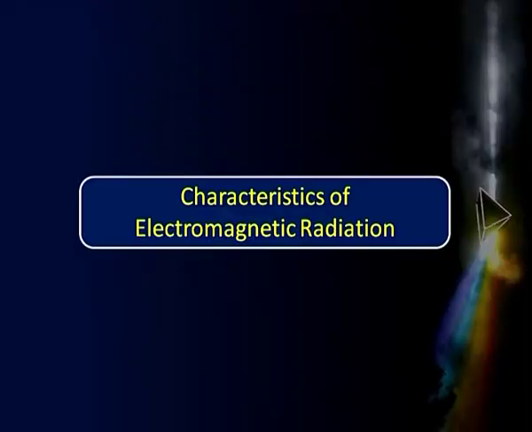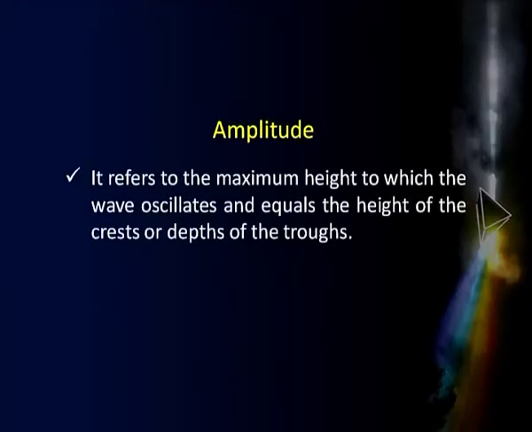There are a number of characteristics which are identified with electromagnetic radiation. Let us understand what characteristics we can ascribe to EM radiation. The first one is called amplitude.